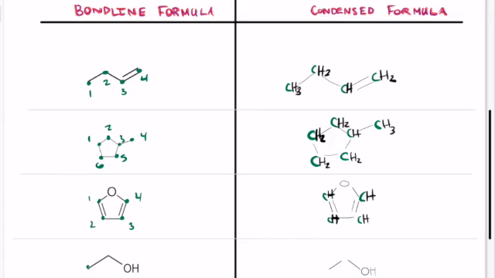So carbon number 1, carbon number 2. Carbon number 1 is bonded to carbon number 2, and therefore it's utilizing 1 electron, and therefore it has 3 electrons left over. Therefore it is a CH3 group, right?